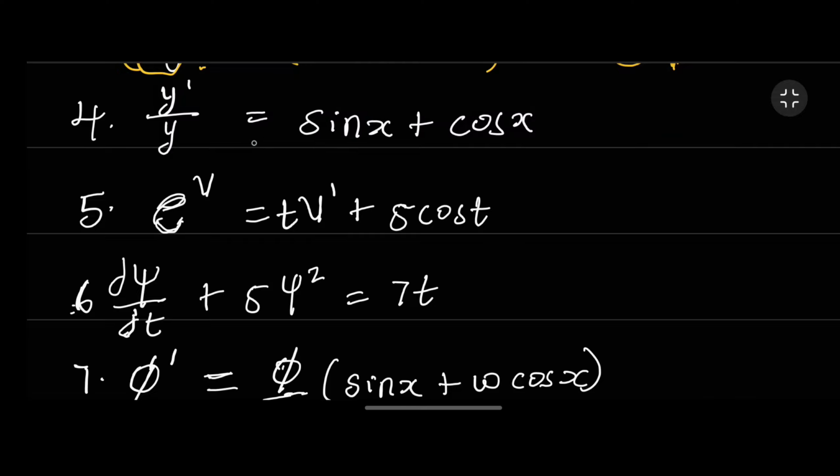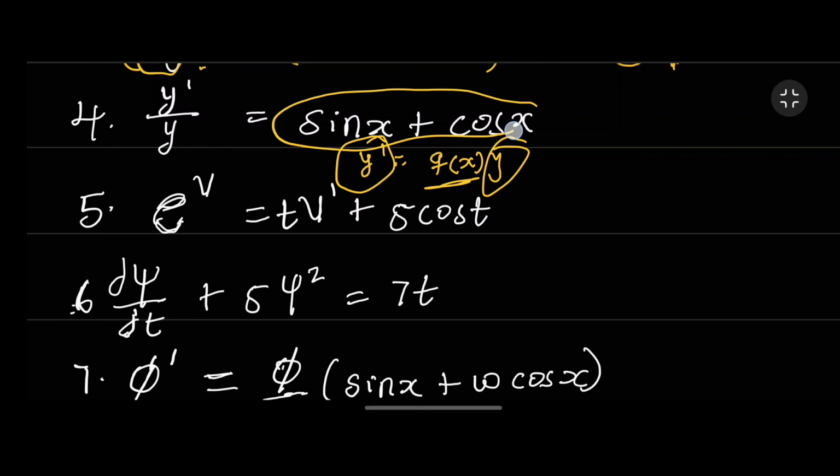But is there a way to transform this to be in the normal standard order? y prime is equal to, this is just a function of x, so I will call it q of x, times y. This is linear because this has an exponent of 1, this has an exponent of 1. We don't have y inside of a transcendental function, even though there are transcendental functions. So this is linear.